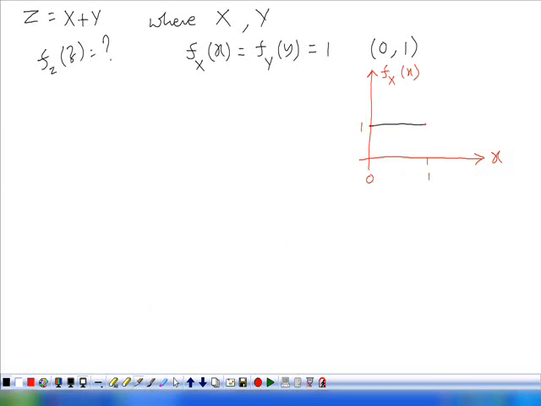Therefore, you can say, what is f_Y(y)? It is the same. That is, the two variables are identically distributed. They are independent and identically distributed. Such random variables are called IID random variables.